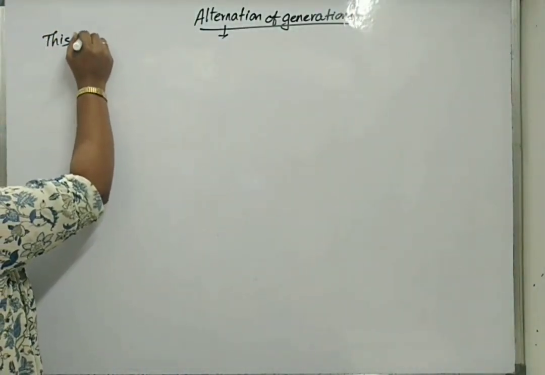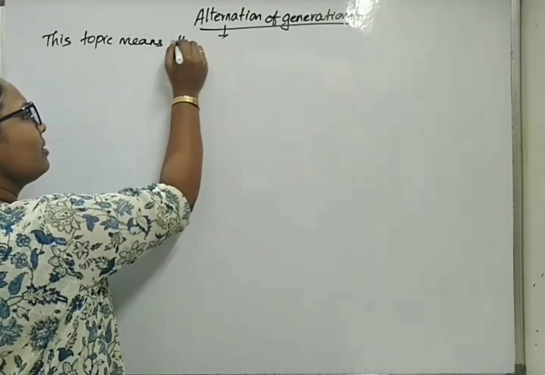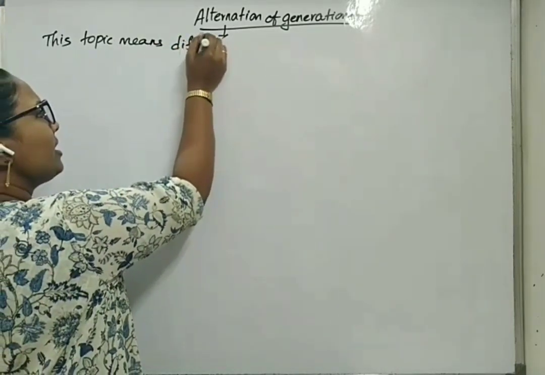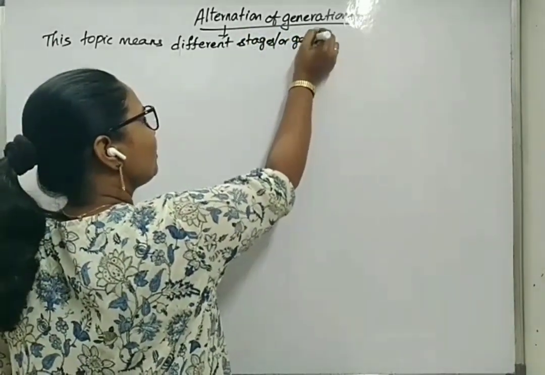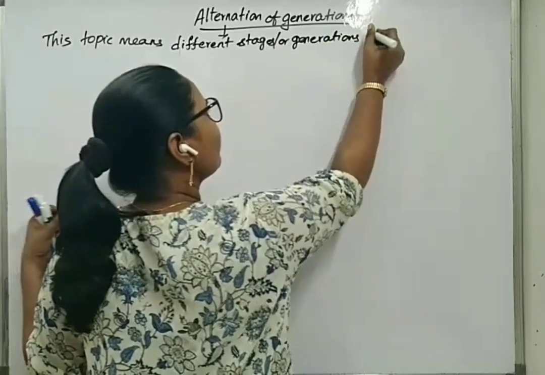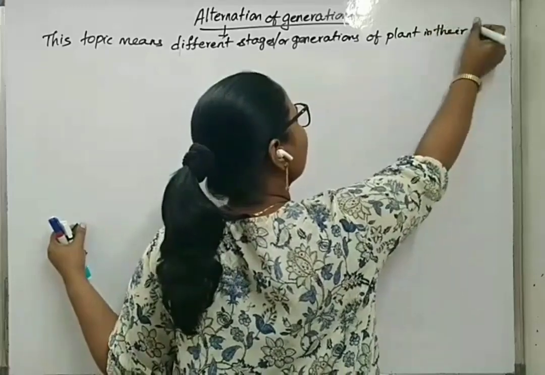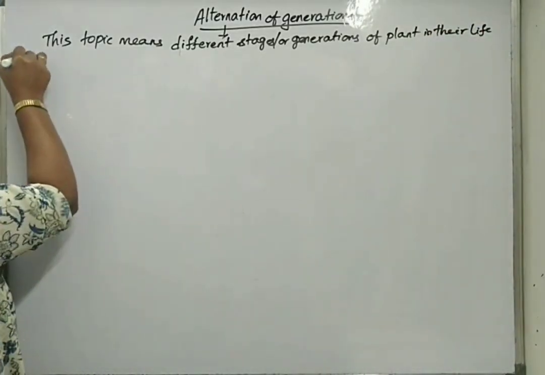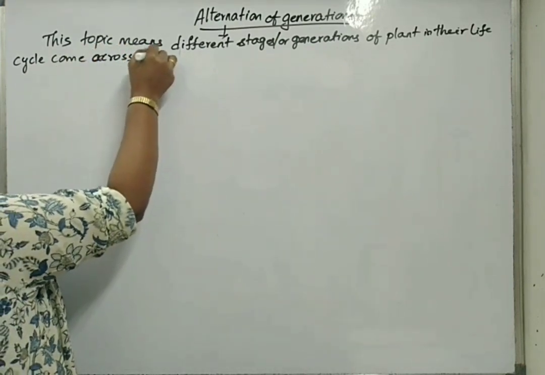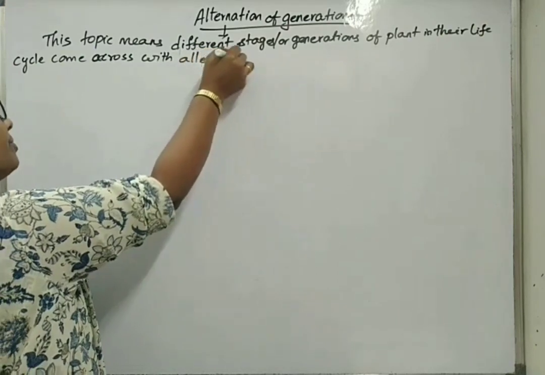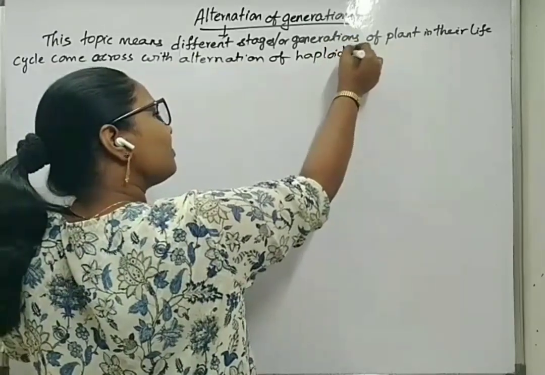This topic means the different stages or generations of a plant in their life cycle, which come across with alternation of haploid and diploid stages.